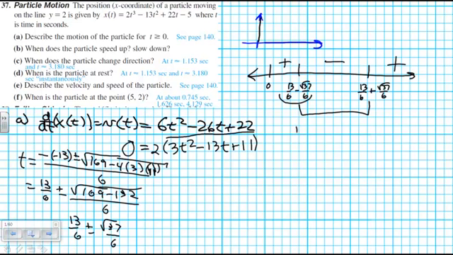Let me summarize. It's moving to the right from 0 to 13/6 minus root 37 over 6. It's also moving to the right from 13/6 plus root 37 over 6 to infinity.